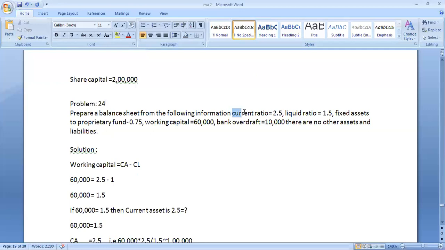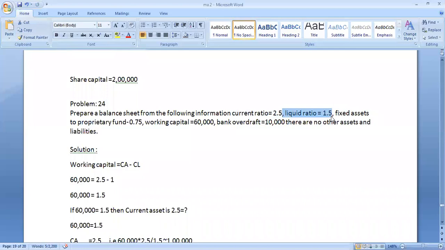Clear? So current ratio. Whenever there is a ratio given, analyze carefully. The current ratio includes what? The current assets and the current liability. So out of this information, you need to compulsorily calculate the current assets and the current liability. Clear? And liquid ratio. Liquid ratio is also known as what? Quick ratio. What does liquid ratio include?